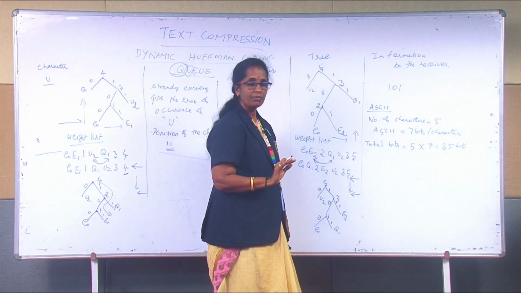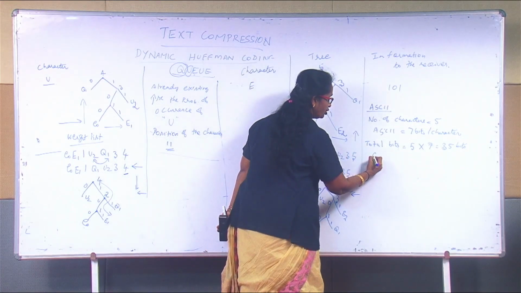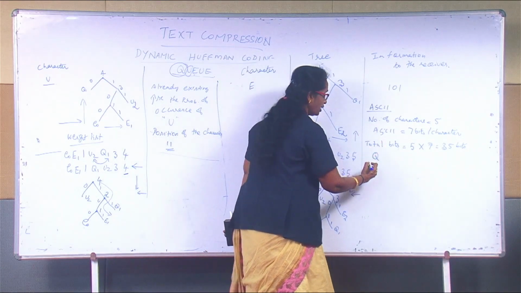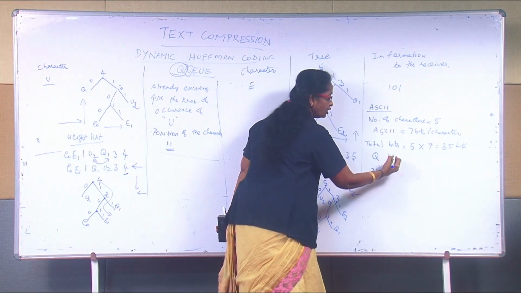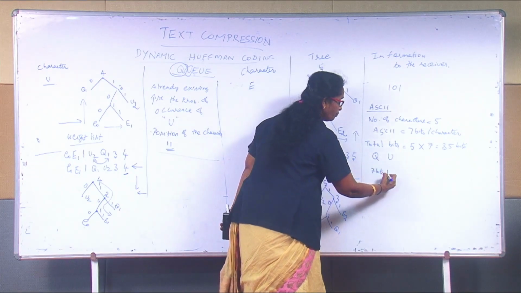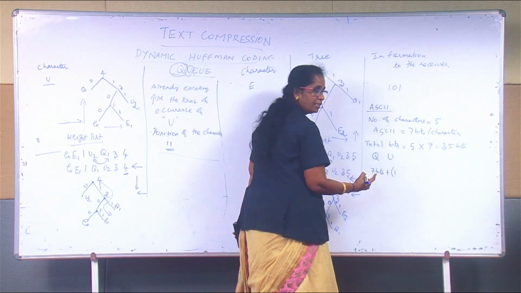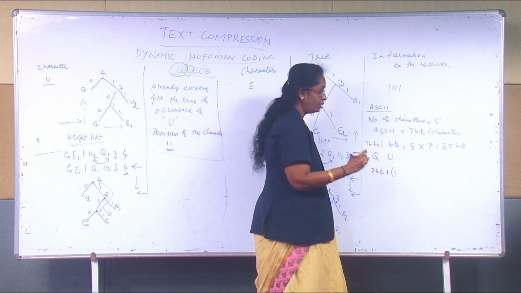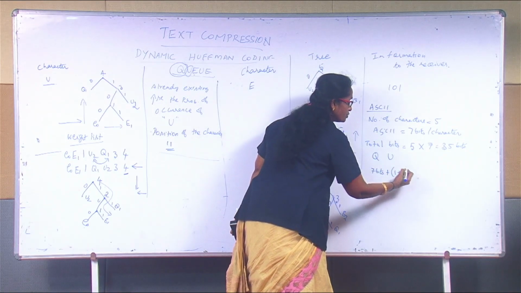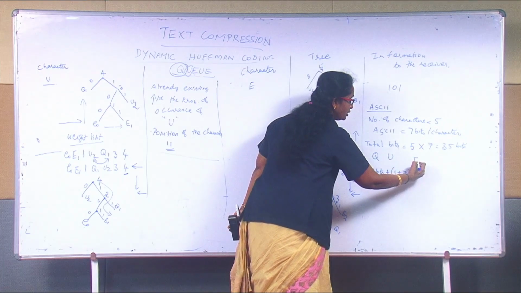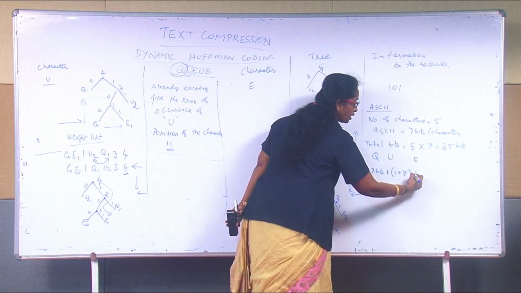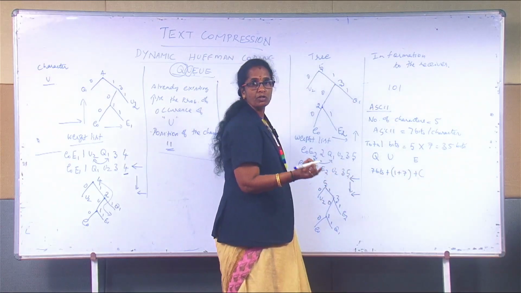In the dynamic Huffman coding, while transmitting Q, as it is a first character, how many bits you transmitted? 7 bits. When you are transmitting U, how many bits you transmitted? 1 is the position of empty leaf node. For that, you required 1 bit. And then 7 bits. You observe the tree and 7 bits for your ASCII. And when you are transmitting E, how many bits required to represent our position of empty leaf node?